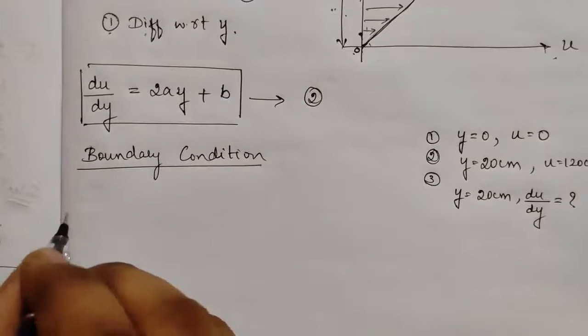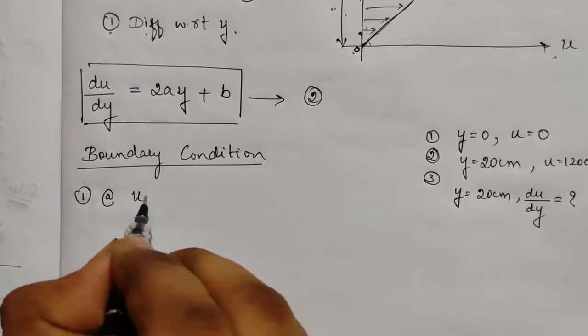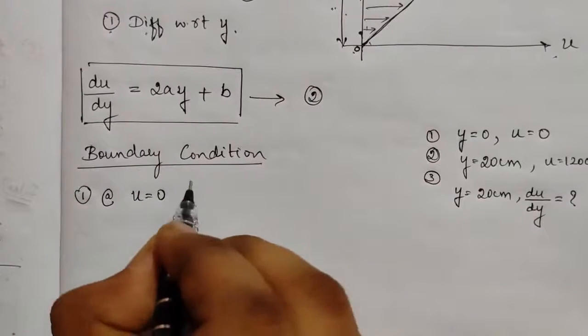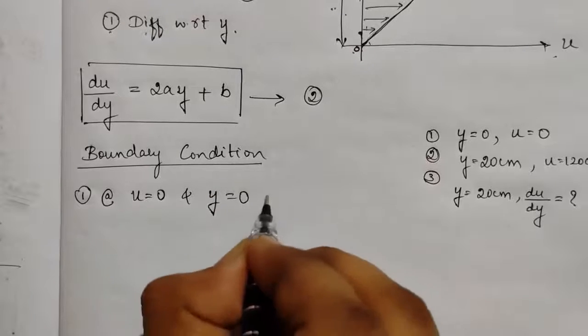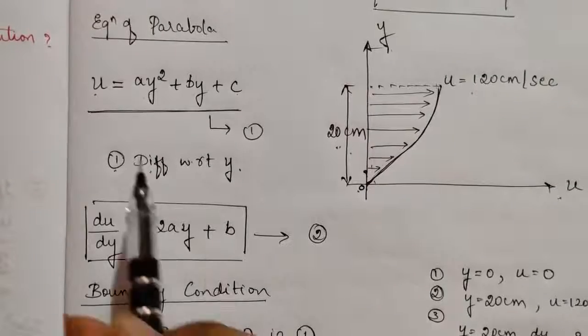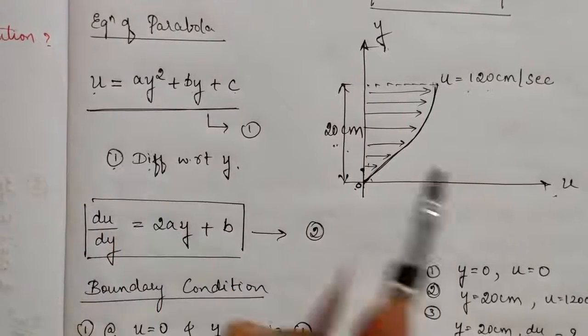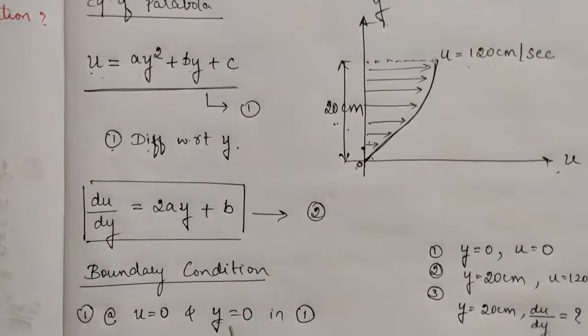I'll apply the first boundary condition, that is u equal to 0 and y equal to 0, in equation number 1. Equation 1 is u equal to ay square plus by plus c. Put 0 in place of u and 0 in place of y.